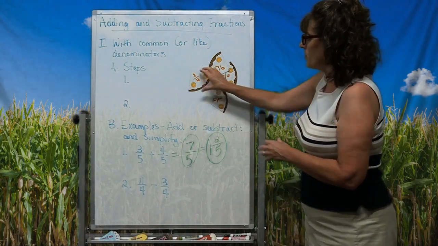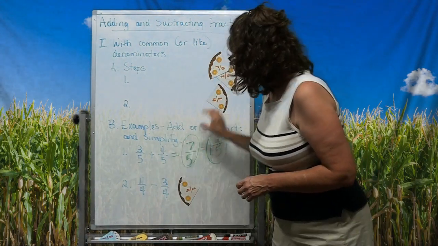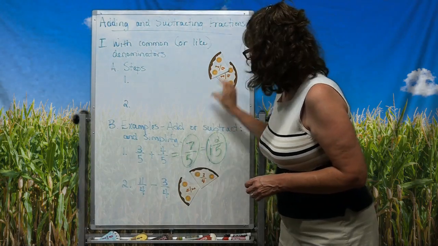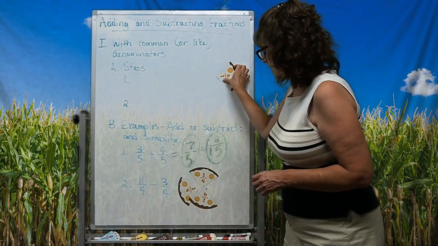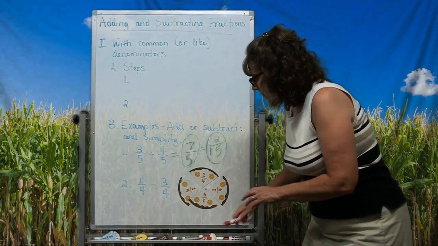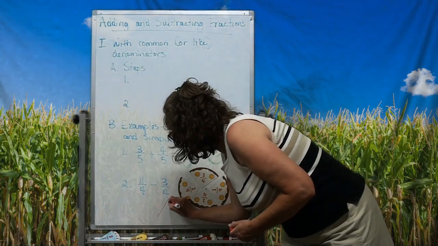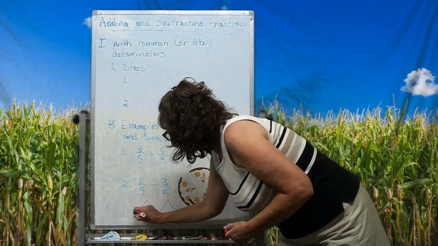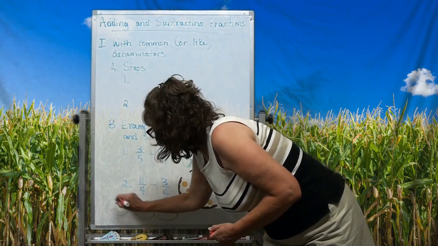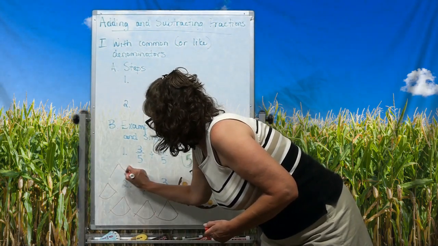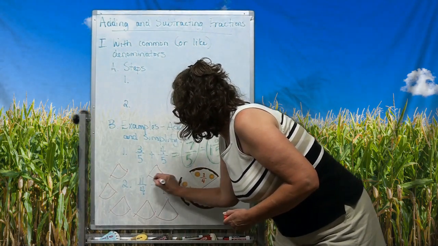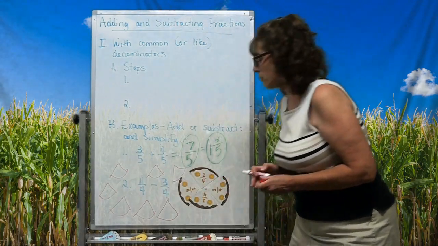Well, I don't have 11/4 in front of me, but what this indicates to me is that I've got 1, 2, 3, 4, and then I'm going to have another one, 5, 6, 7, 8, 9, 10, and there's number 11.